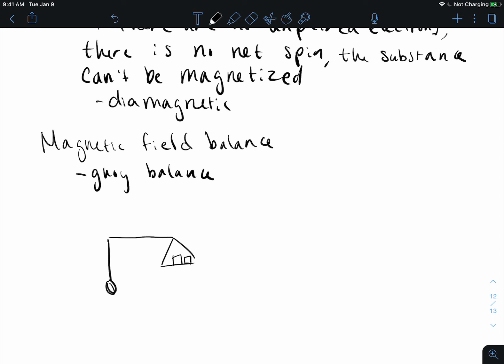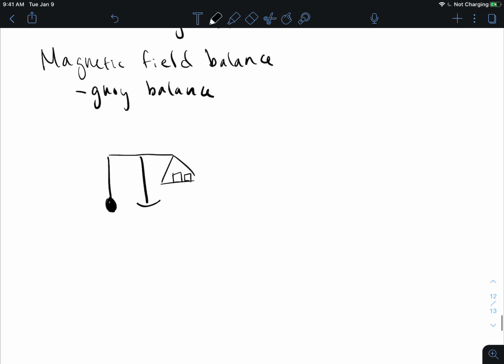Right, so it's got a set weight based on how much of that sample you have. There's our balance. If you were to take and introduce that sample to a magnetic field, one of two things will happen.